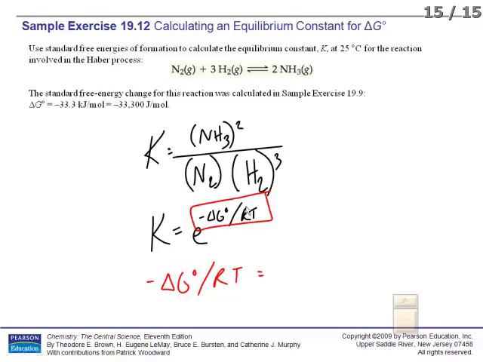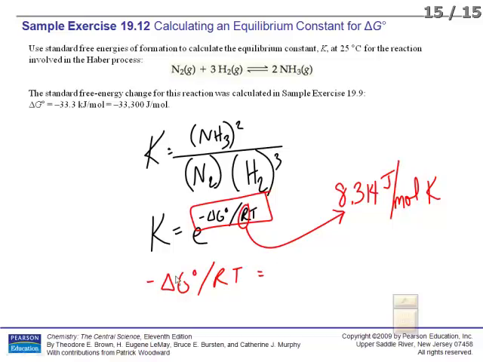When you're using R in the formula, you really need to go back to joules, because the value of R has a specific unit system. It's 8.314 joules per mole K. So looking at those units, it's pretty obvious that when you're using this value for R, you need to make sure that your delta G is not in kilojoules but joules.